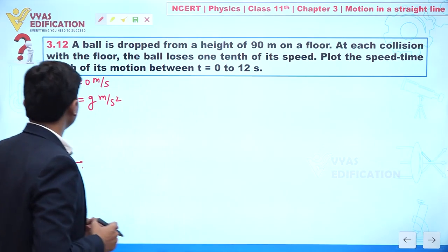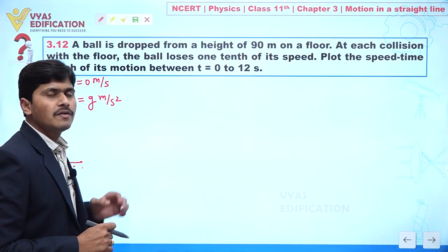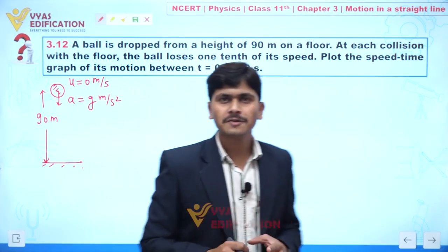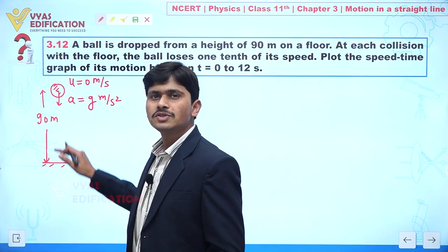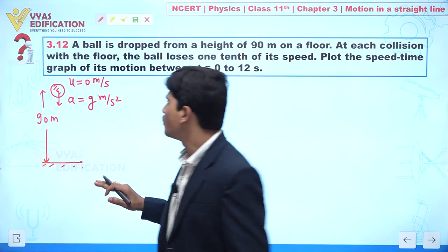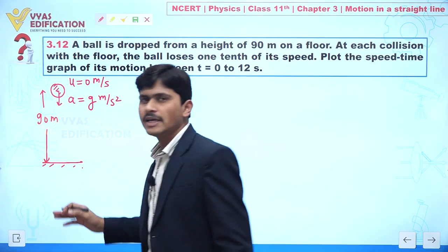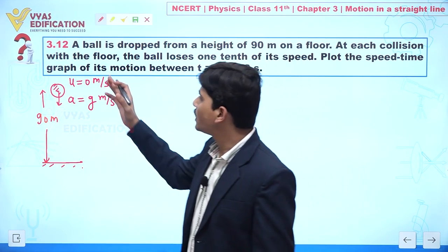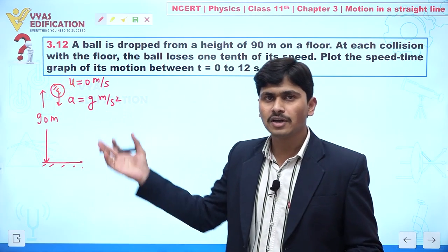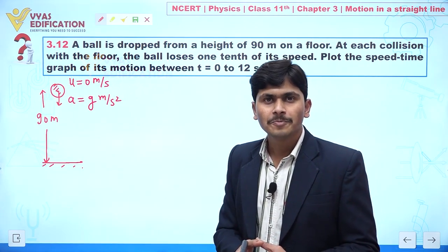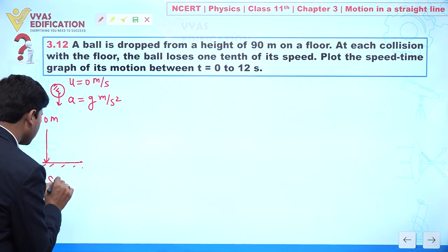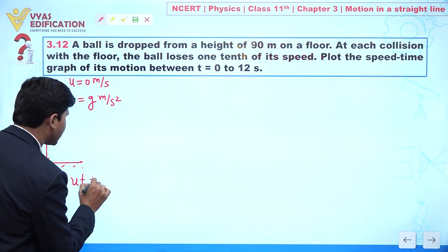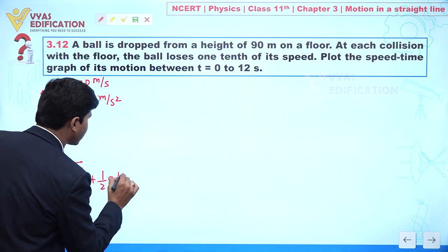Clear to everyone? So now listen carefully. First, what is our objective? First we will find the total time taken by this body to strike the ground. Clear? In the case of free fall, this body is falling under the influence of gravity, so we can apply the equation of motion: s equal to ut plus half of at square.